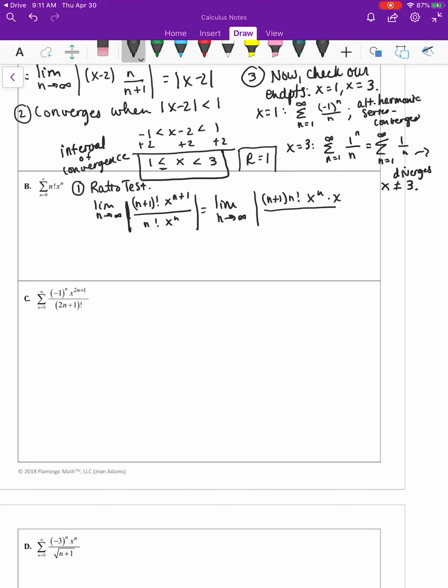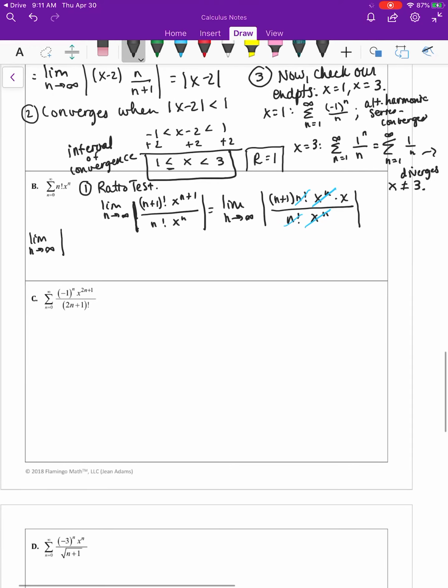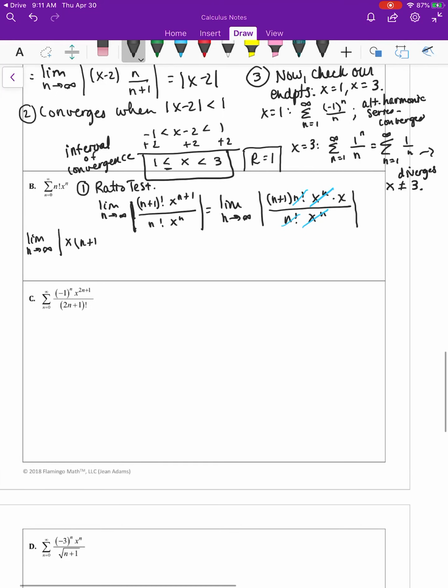Remember we've got n plus 1 times n factorial, x to the n times x, over n factorial, x to the n. Then our n factorials cancel, our x to the n's cancel, and that leaves us with x times n plus 1.